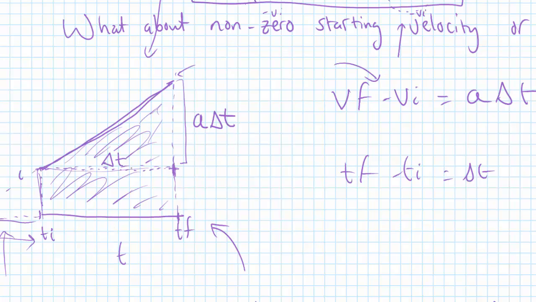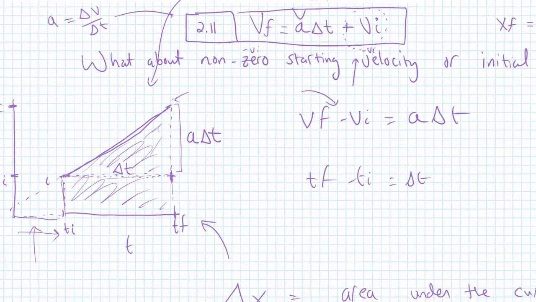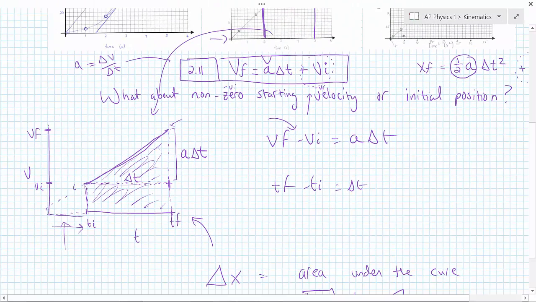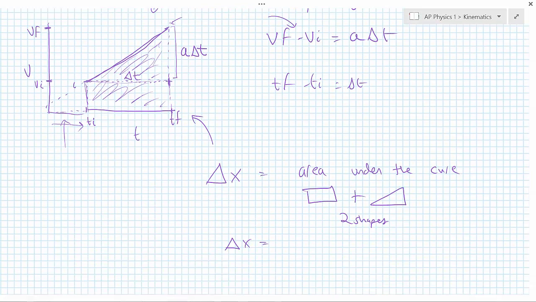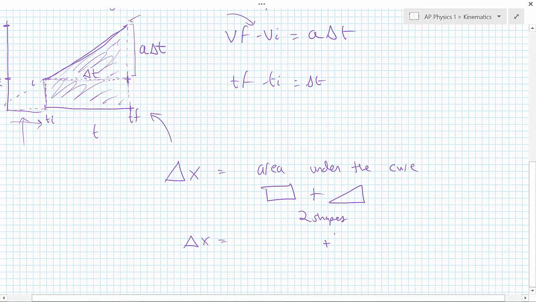I look at the shape and notice that the area of a triangle is 1/2 the base times the height. So my little triangle is 1/2 the base times the height. The base was delta t. The height was a delta t. When I multiply those together, I get a delta t squared.